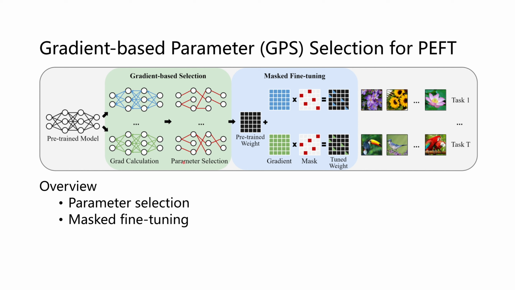And then we can get a binary mask here, which indicates which parameters are selected and which aren't. And during the fine-tuning, we can use this mask to set the gradient of unimportant parameters to 0.